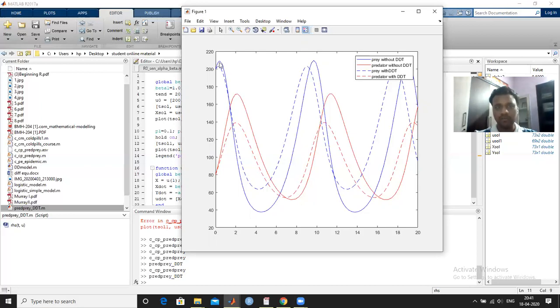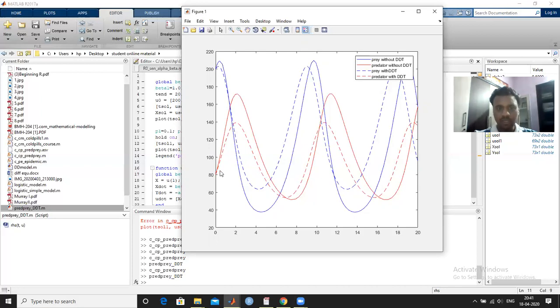So what is the scenario? If you use the DDT, what is the prey population? The prey population is this one, and this is the difference. There was 40, but now it is around 60 to 65.